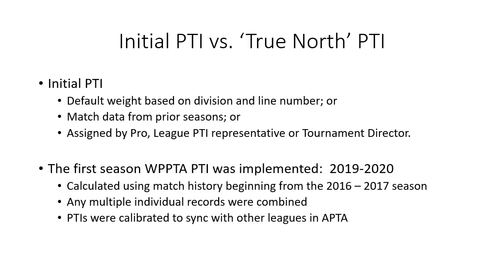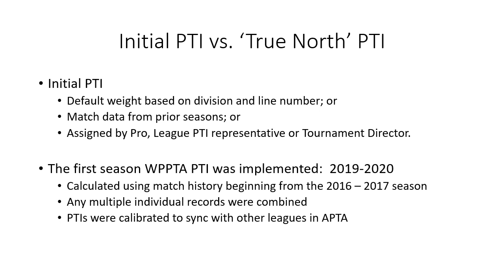An initial default rating for an individual is set based on the average PTI weight for their division and line played. If there is match history, this is then fed into the algorithm. Representatives from the APTA and WPPTA spent the summer prior to the 2019-20 season calibrating the weights used for each line and division so that they are comparable to the weights used in the other APTA leagues.